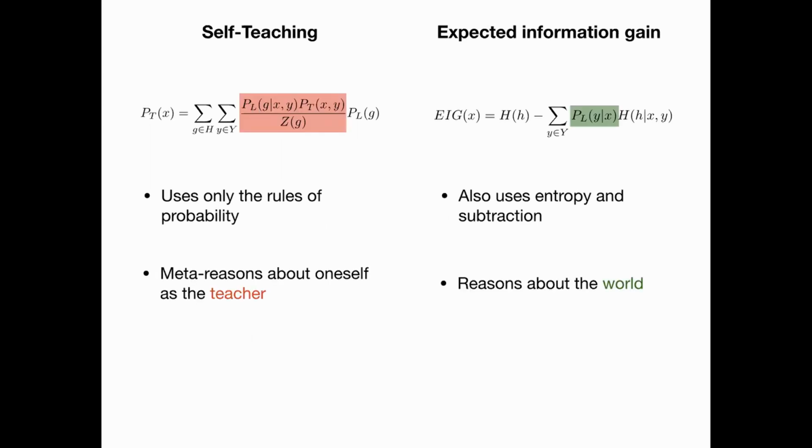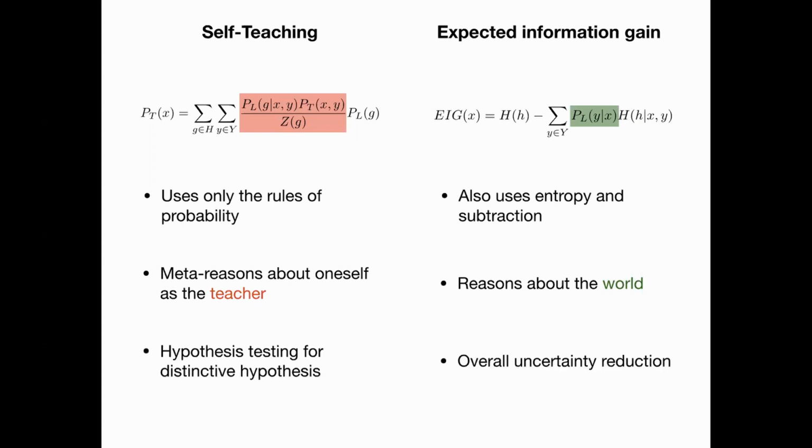Self-teaching is a metacognitive model that reasons about oneself's reasoning as a teacher, and this is captured by the red terms. In contrast, the expected information gain does not have this metacognitive element and reasons only about the interaction with the world, and that is captured by the green term, which is the posterior predictive distribution.